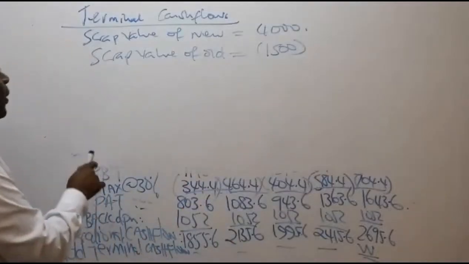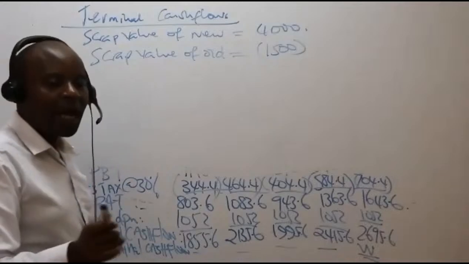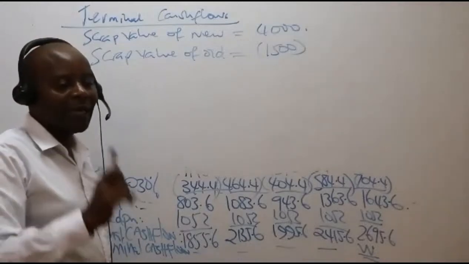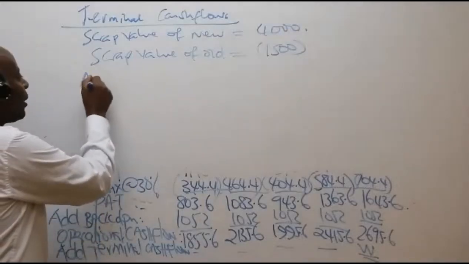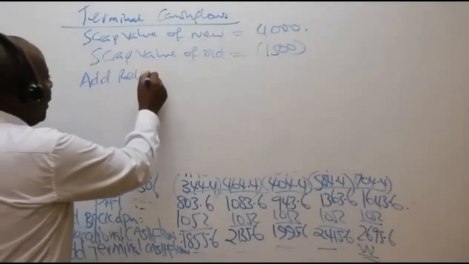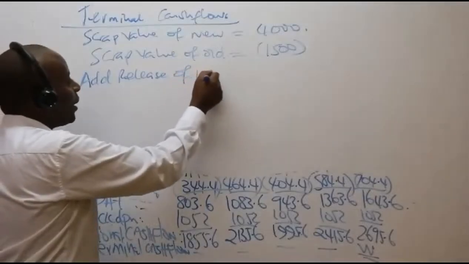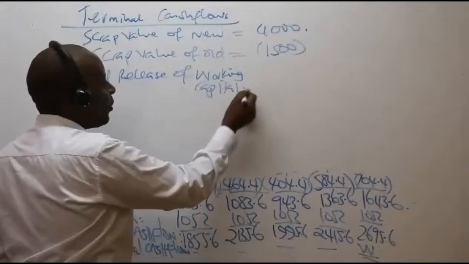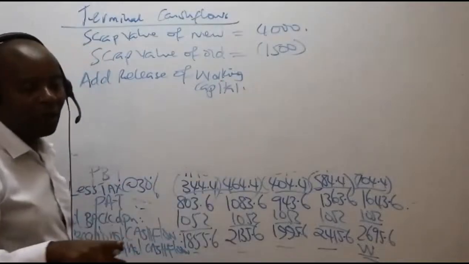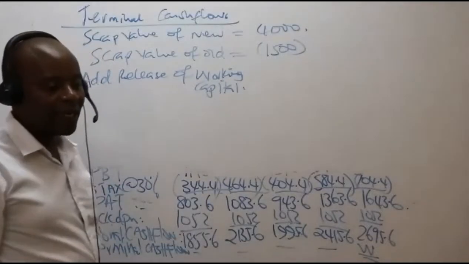Then, ladies and gentlemen, when we terminate this, we have working capital being released. So add release of working capital. Remember, working capital is normally injected at the beginning of the period and it's normally released.